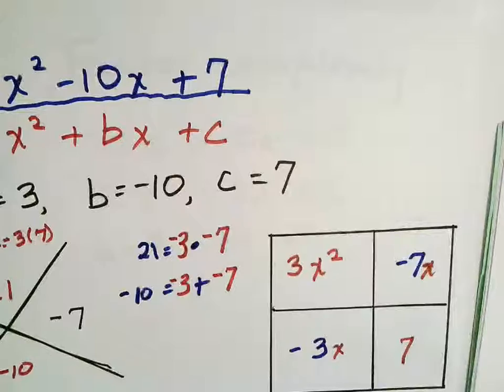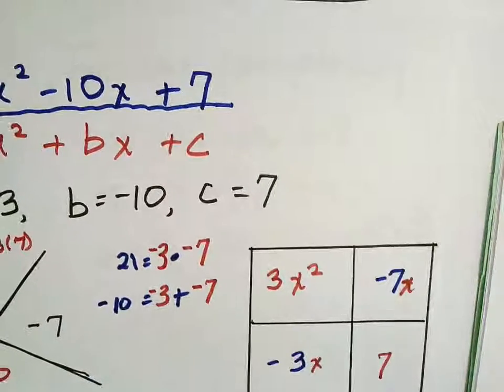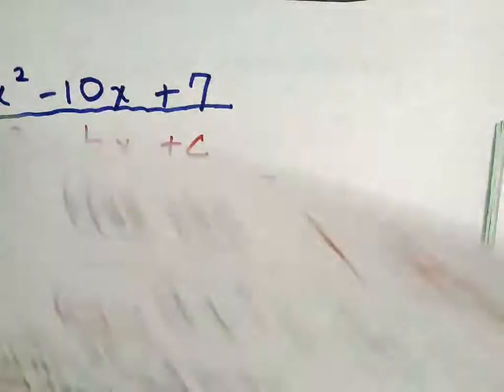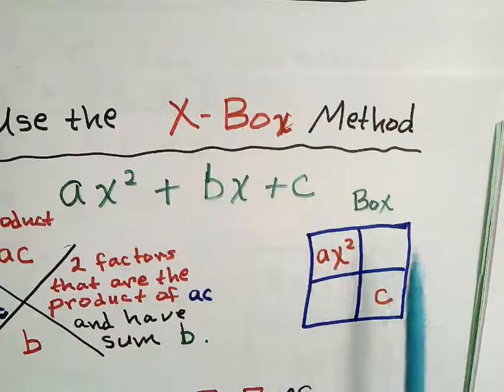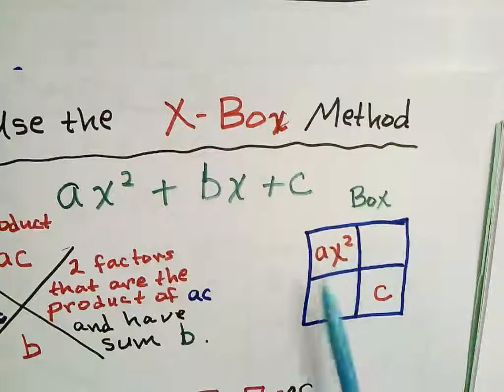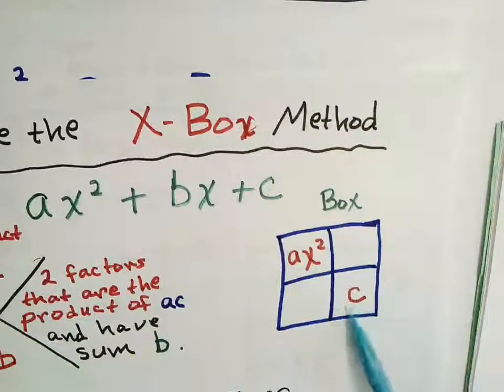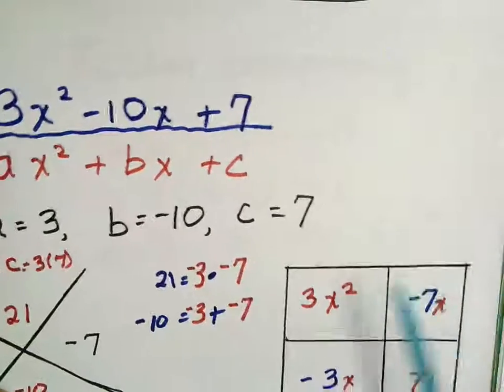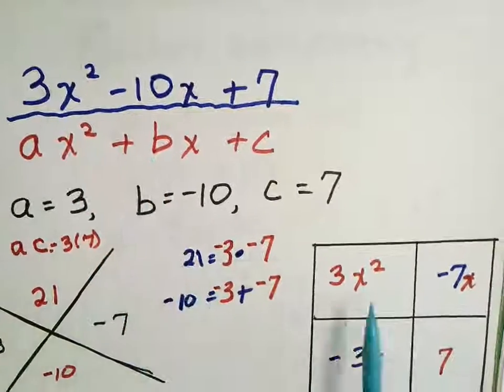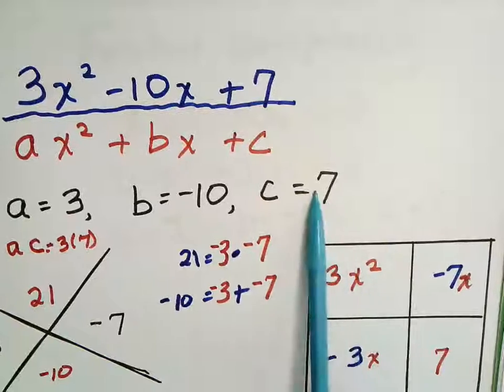Then in our box, remember in our box, in the upper left-hand corner right here, we're going to have the ax squared. In the lower right-hand, we have the c. So here is the ax squared, the 3x squared, and here is the c.